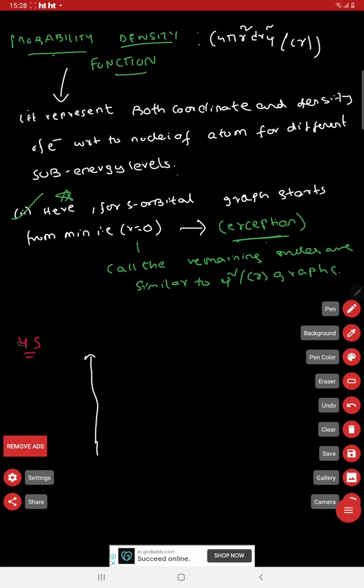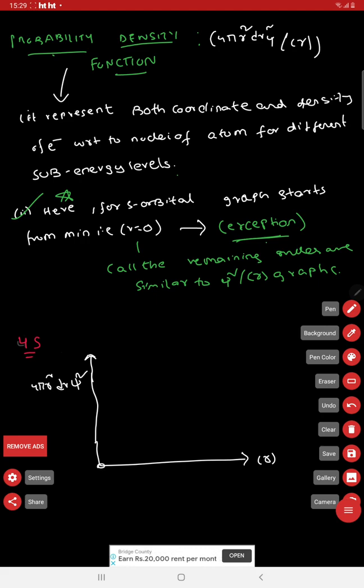When I take 4s, this is 4 pi r square dr psi square versus r.